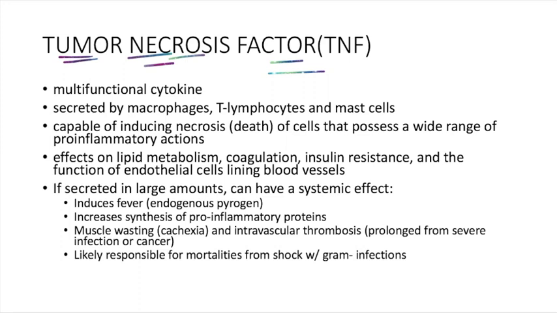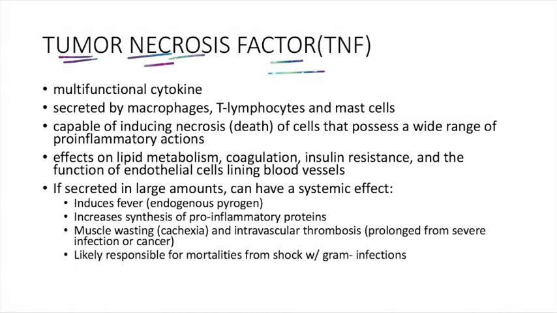It also has effects on lipid metabolism, coagulation, insulin resistance, and function of endothelial cells lining the blood vessels. If secreted in large enough amounts, it will have a systemic effect. That's where we get those systemic acute phase reactants. It induces fever. It's going to bring more pro-inflammatory proteins to the party.